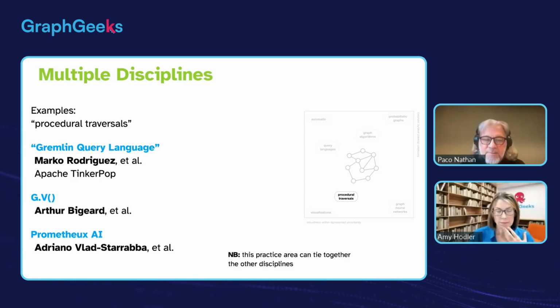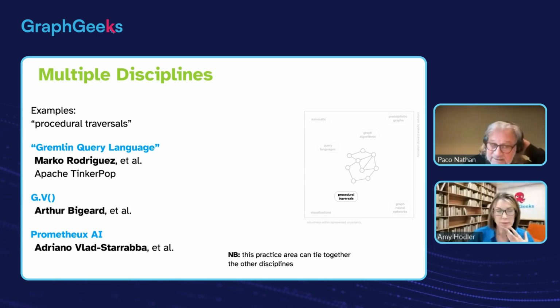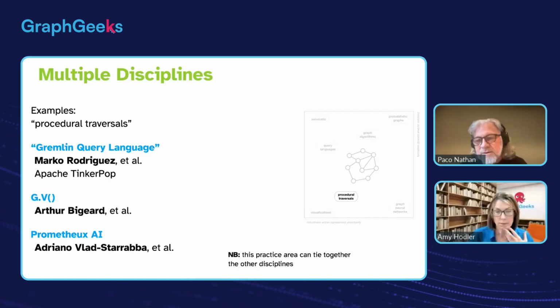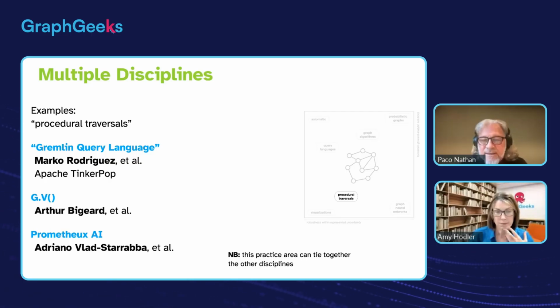I think that Prometheus AI and Adriano Vlad and company, they're doing really interesting work on traversals meets axiomatic work with something called Vatalog, a variant of Datalog. And this is part of what can really tie together the other disciplines. I think it's a really interesting space to watch closely.